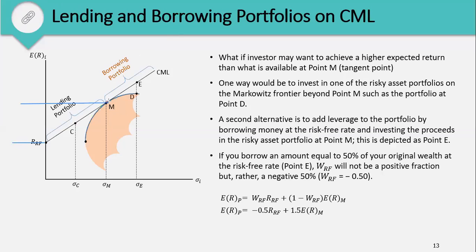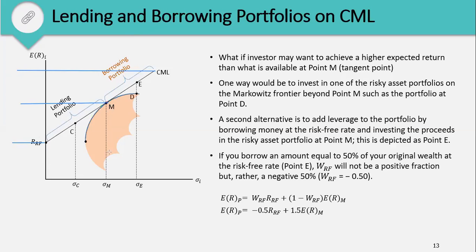The upper part of the line, where you have a return higher than the market portfolio, we call the borrowing portfolio. The lower part of the line, which represents expected returns lower than the market portfolio, we call the lending portfolio.